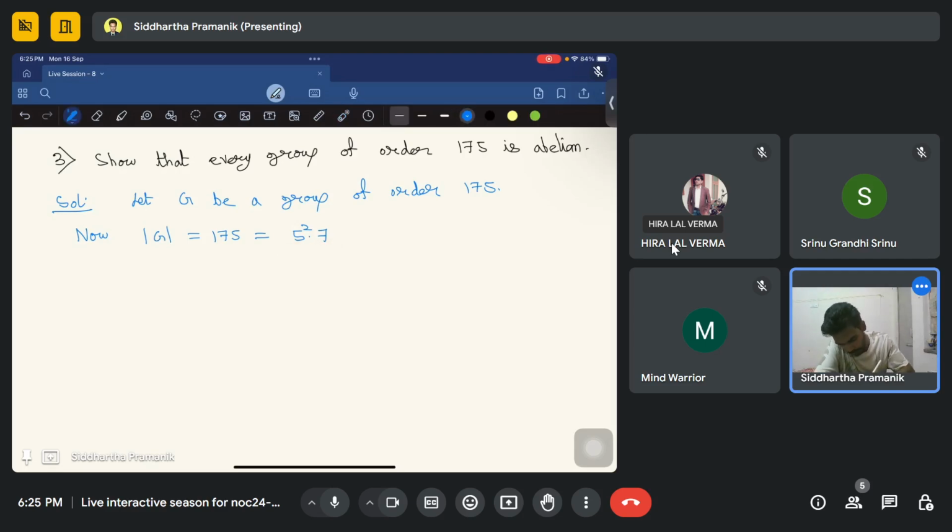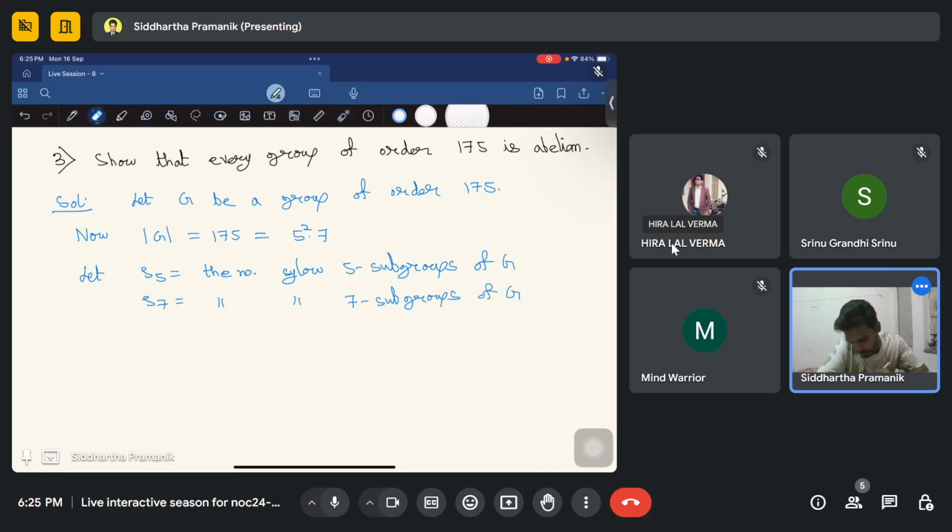Okay, so let S5 equal the number of Sylow 5 subgroups of G, and S7 the number of Sylow 7 subgroups of G. Now a Sylow 7 subgroup has order 7 and a Sylow 5 subgroup has order 25.